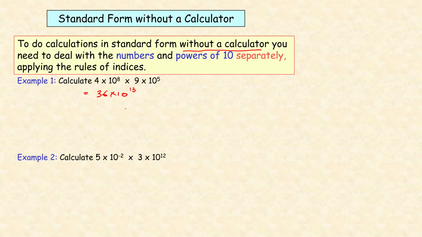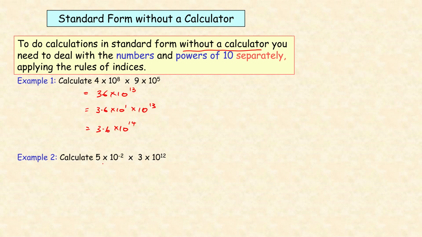But it's not standard form because 36 is bigger than 10. So what we do is we take that 36 and we say 36 is 3.6 times 10 to the power of 1. Don't forget we're multiplying by 10 to the power of 13 as well. So that's equal to 3.6 times 10 to the power of 1 plus 13, 14.